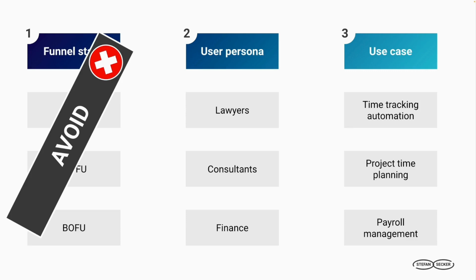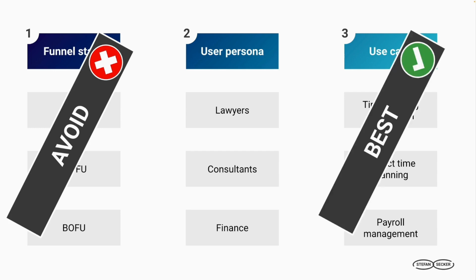For example, you might have specific time tracking features for lawyers, consultants, and finance department. Most of the time, the best way to structure campaigns is by use case because it best reflects the intent the user has. So you can align keywords, ad copy, landing pages, and bids around that.